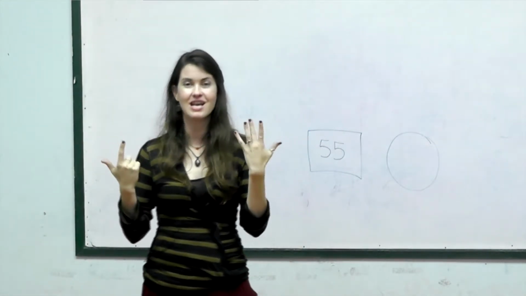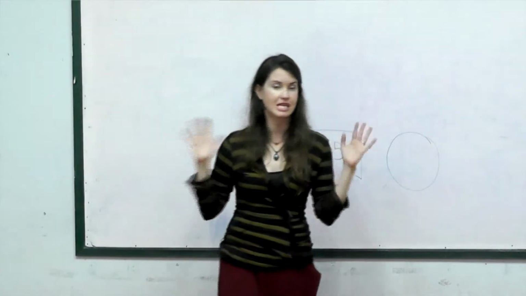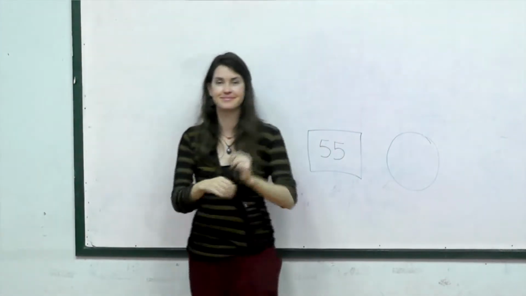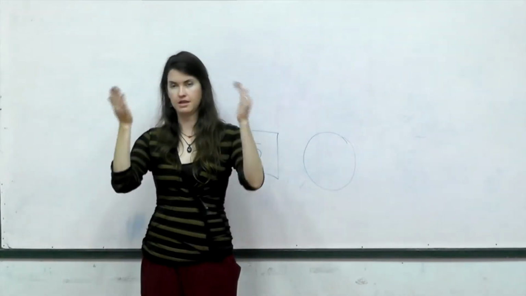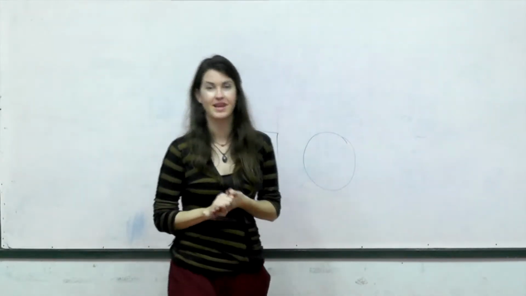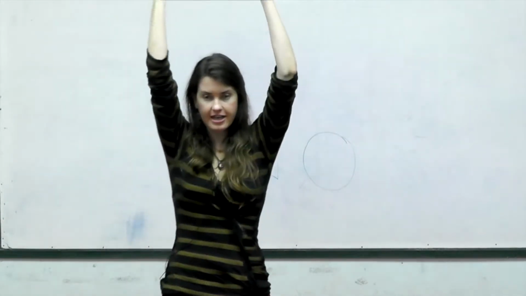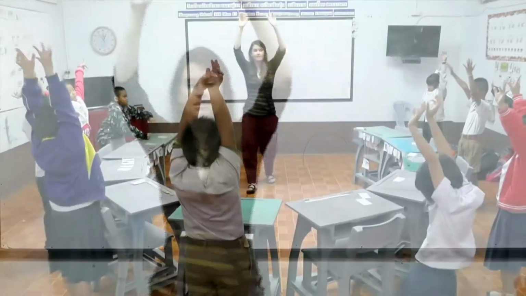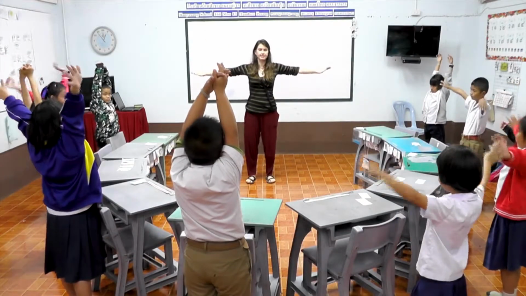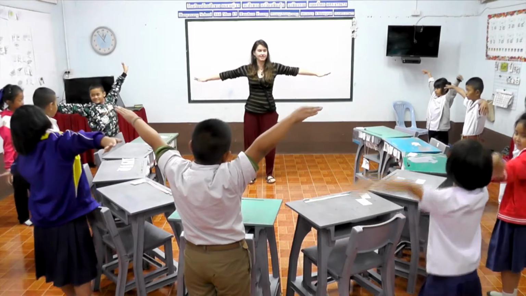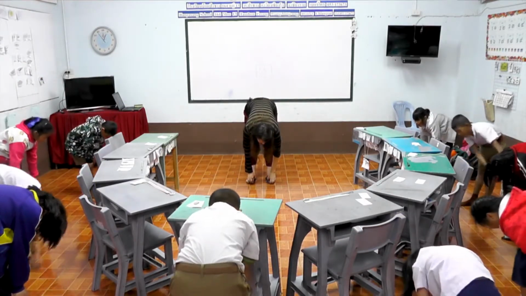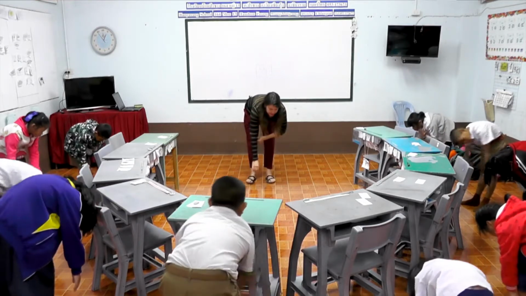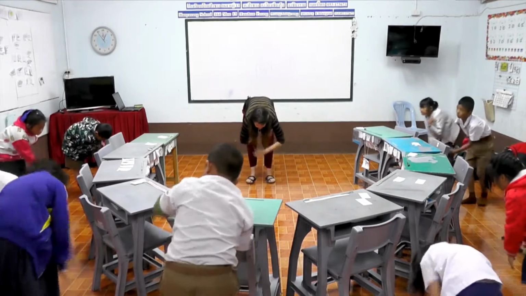It's 7. So we're going to take a little break so we can stretch. Everybody stand up. Stand up, friends. Okay, put your arms up high over your head. Stretch out all your fingers. Good job. Put your arms in a T. Touch your toes. Come up halfway. Pretend your arms are very heavy.